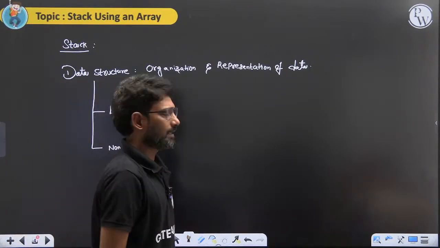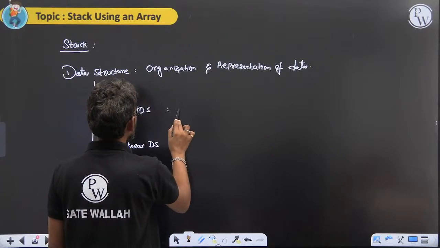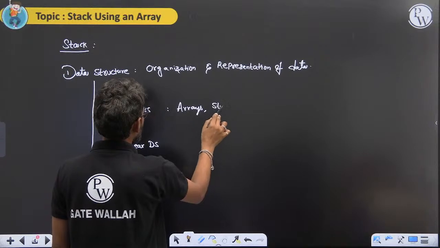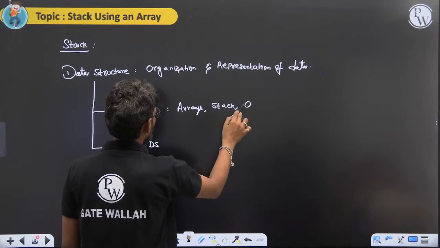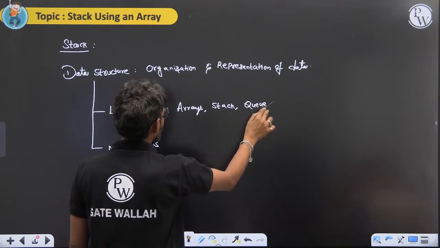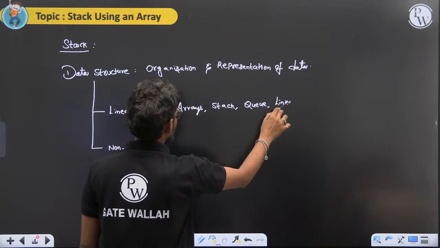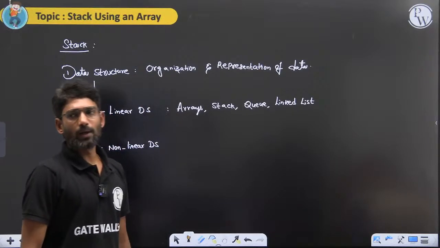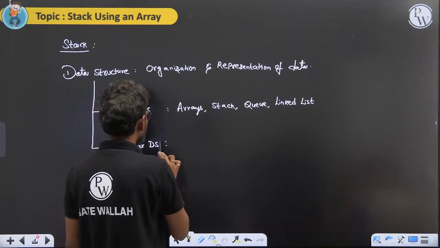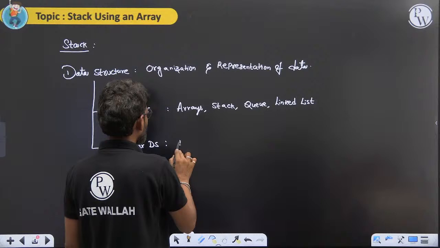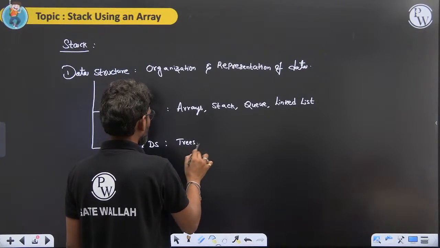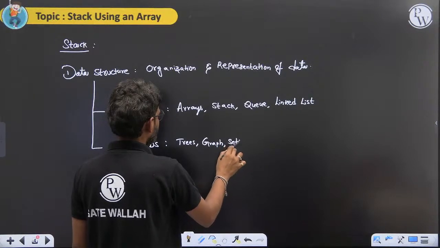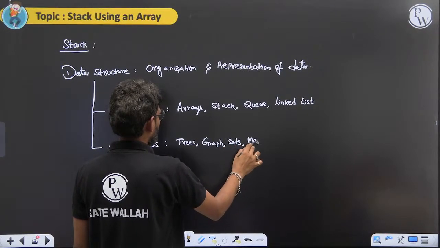In linear data structure, we will get arrays, stack, queue, linked list. Under non-linear data structure, we may get trees, graphs, sets, maps.